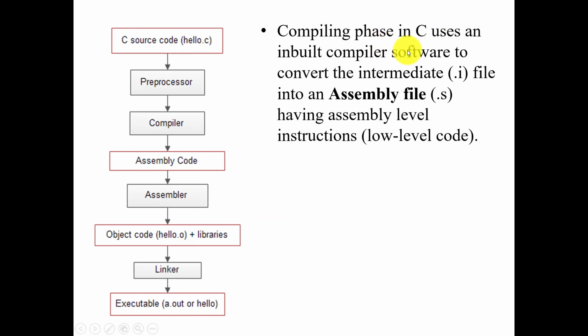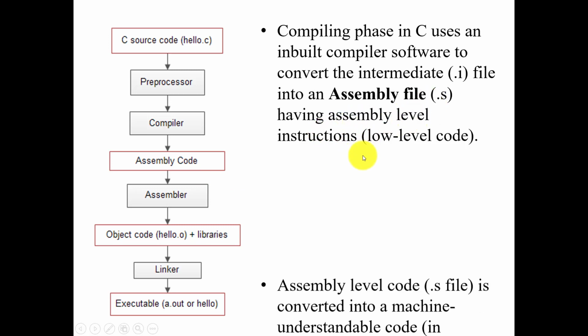Now in the compilation phase in C, it uses an inbuilt compiler software. The preprocessor creates an intermediate .i file, and the compiler uses assembly files, having assembly level instructions.